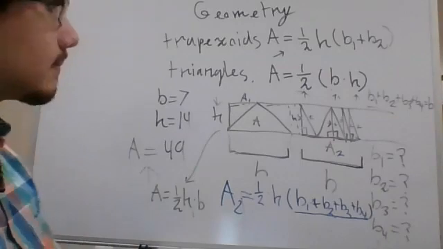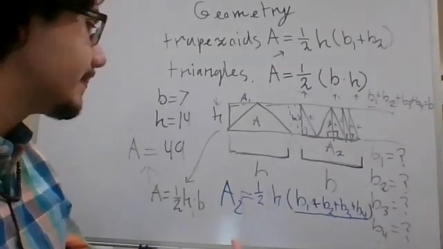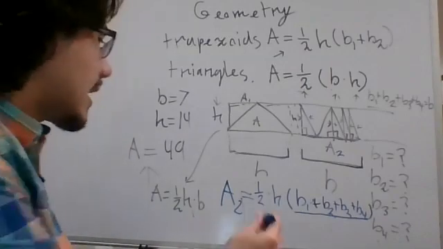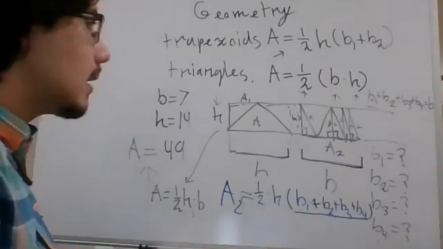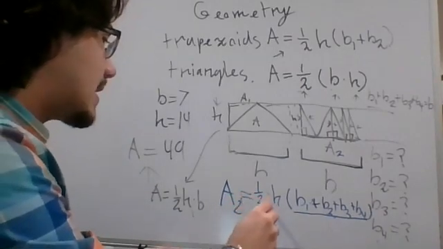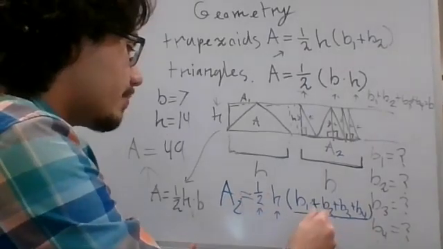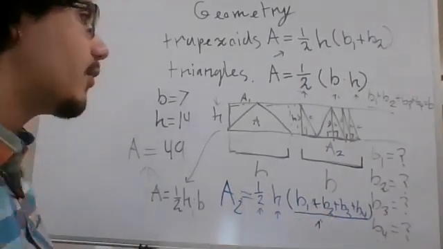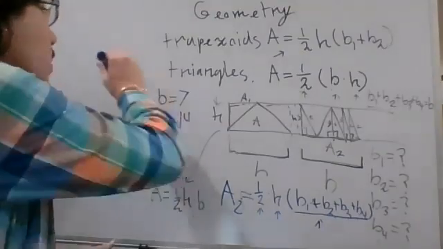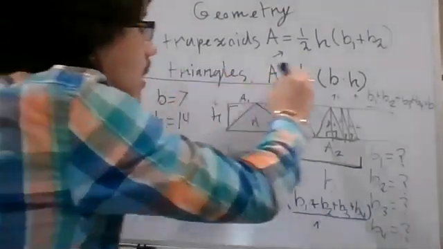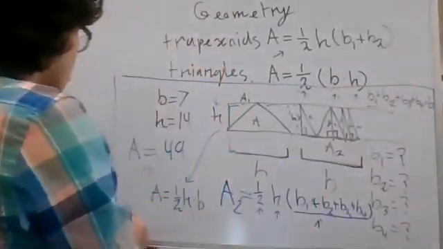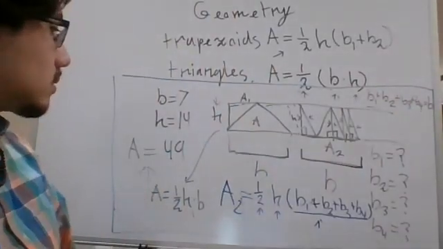No, sir. We don't know anything else? So we have our 1/2, we have our height, and we have base 1 plus base 2 plus base 3 plus base 4. Did we write anywhere else any information that can help us out?